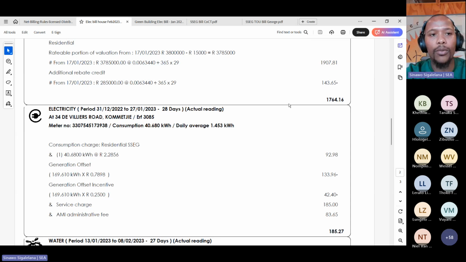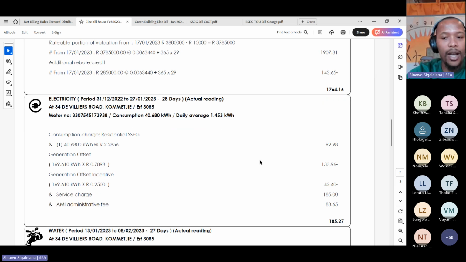All right. So what I've viewed here is a bill. It's one of our municipality bills, of one of their customers. This is an electricity bill.